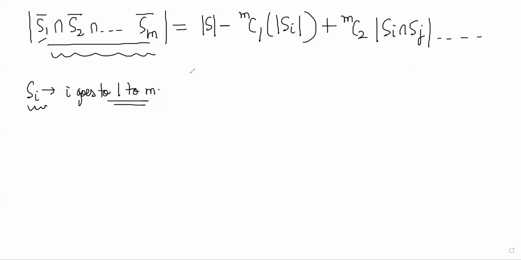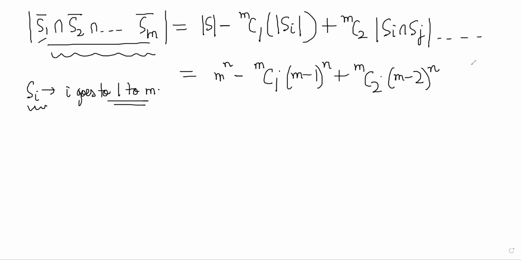And so on. So this will become basically m power n minus mC1 (m minus 1) power n plus mC2 (m minus 2) power n, and so on, till finally you will come to minus 1 power m minus 1, mC(m minus 1), right?